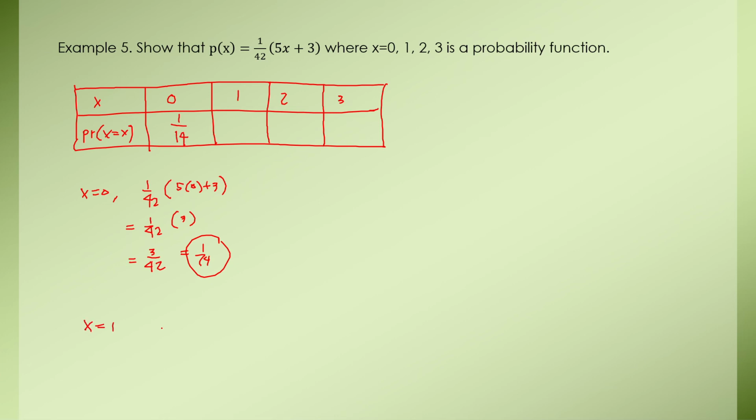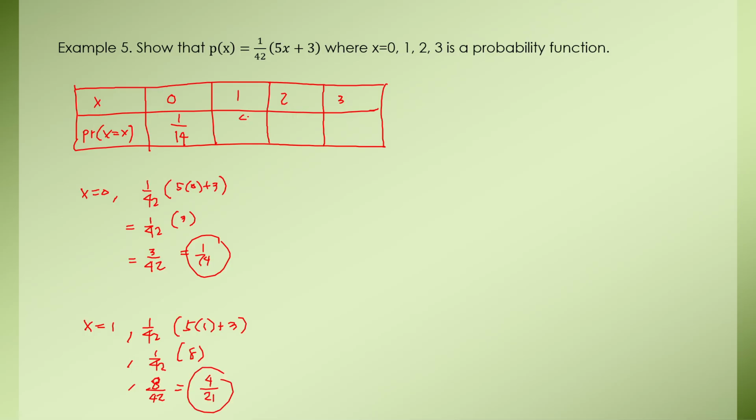When x is equal to 1, 1 over 42, 5 times 1 plus 3. So therefore, this is 1 over 42 times 8, so 8 over 42. If we're going to simplify, this is 4 over 21.